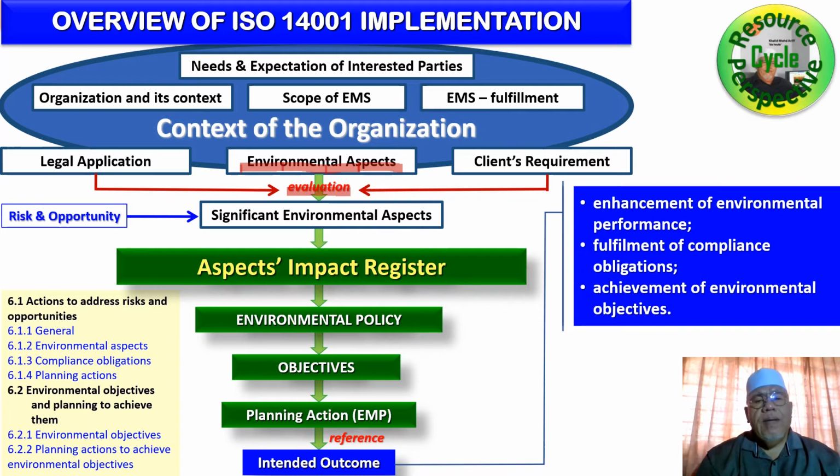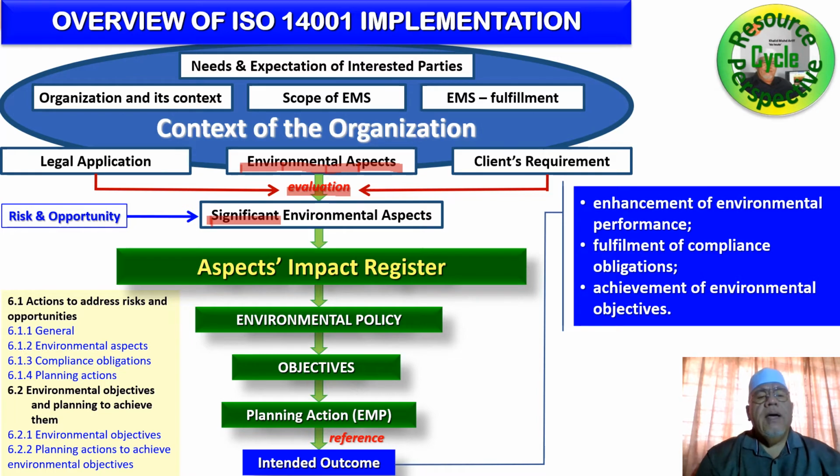We have to evaluate to determine from those environmental aspects that we have identified which are significant ones, which are having significant environmental impact, which call for our immediate or most serious attention. Okay, that is significant, and how to determine that we have got what we call aspects impact evaluation technique. I will show you in the dashboard later.